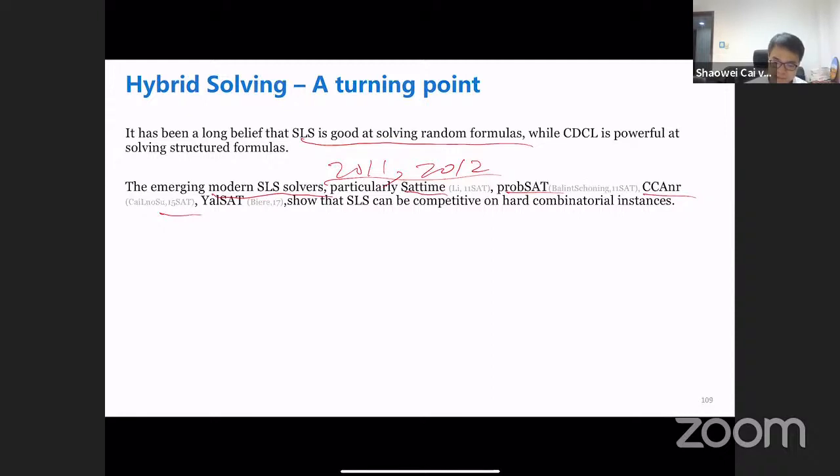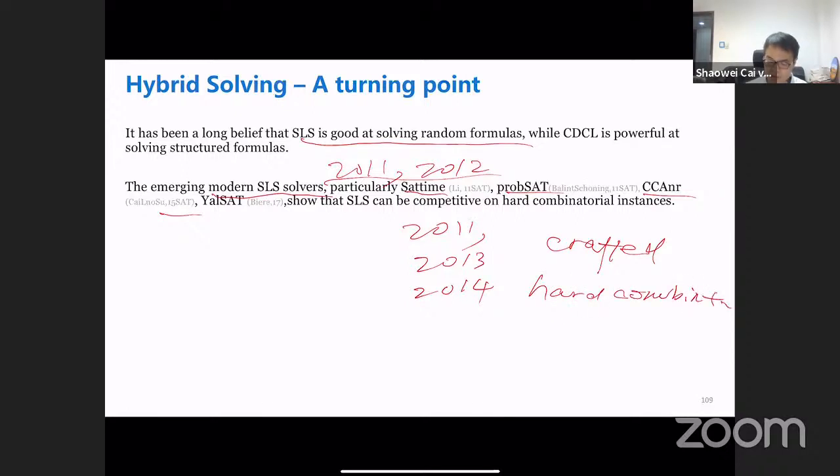In the competitions of 2011, 2014 and 2015, there was a benchmark crafted, later on called hard combinatorial. On this benchmark, local search has been shown to be very competitive.